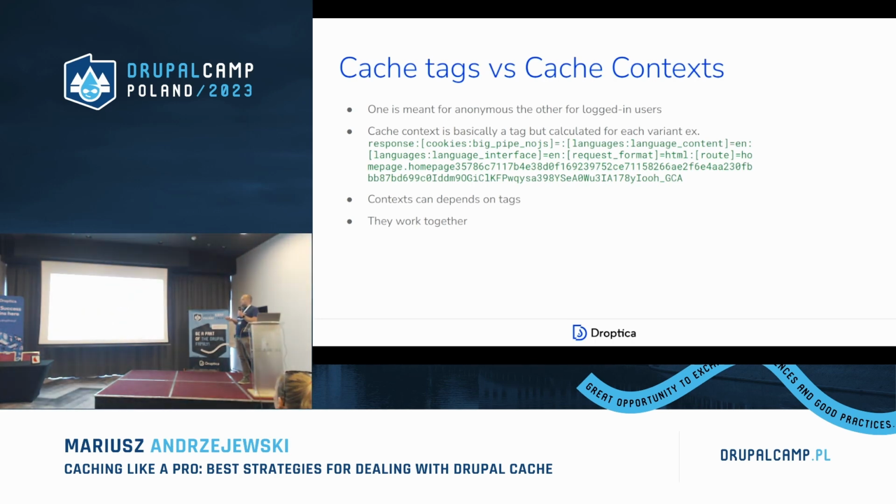This cache context was compiled to be dependent on some sort of route, the request format, the language, and so on. As I said, under the hood, it's basically some sort of tag. But context can depend on tags, and they actually work together. So there's a synergy between both.